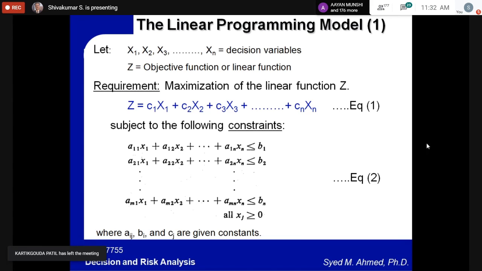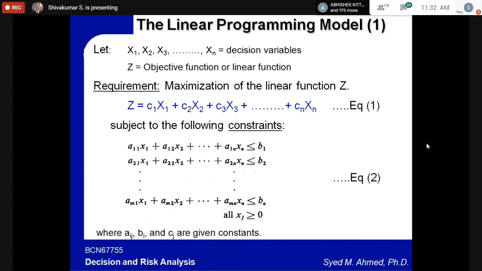And A1 X1 plus A2 X2, likewise. For example, A11 is what is available for B1 for X1. Let us say for machines, 3 machines are available for manufacturing X1 and 2 machines for manufacturing X2. Likewise, you have the machine constraint, and so many other constraints.